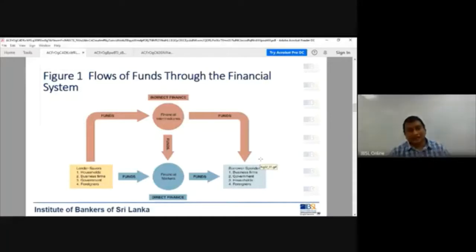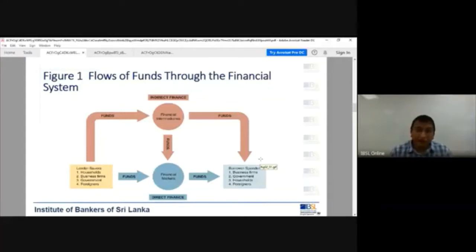So you can see what is indirect finance and what is direct finance. Direct finance is where the investor and the borrower both exist, so you basically deal directly with the financial asset. Whereas in indirect finance, the financial intermediary exists.